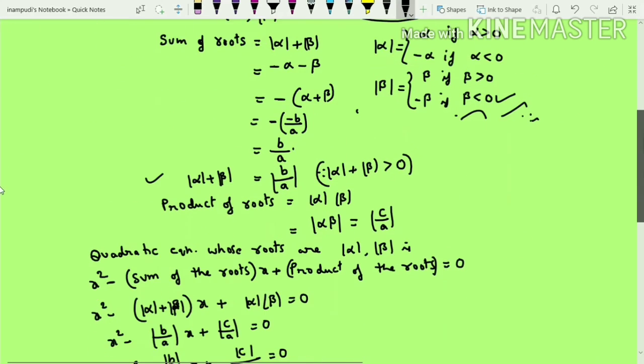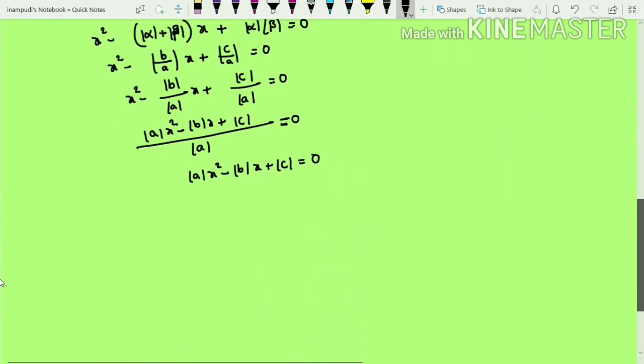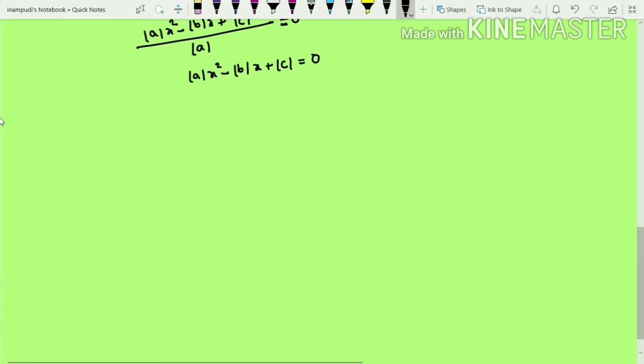Second question. In a triangle PQR, angle R equal to pi by 2.